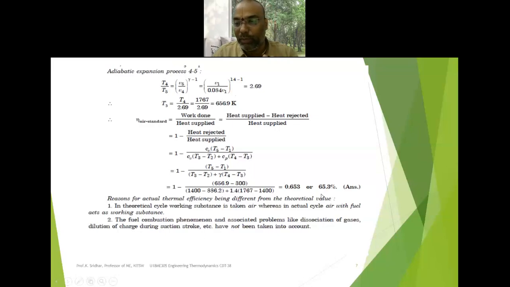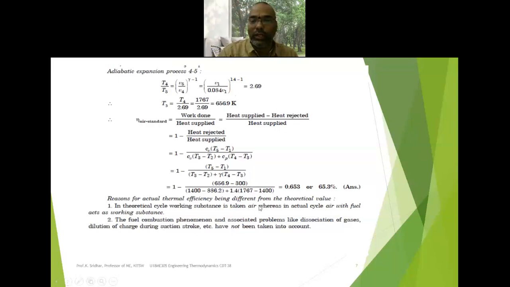That is one part of the answer. The second part asks you to mention some of the reasons why the actual thermal efficiency is different from the theoretical value. One of the reasons I have listed here: in the theoretical cycle, the working substance is taken as air, whereas in the actual cycle, air with fuel acts as the working substance, because normally these are known as air standard cycles, which are the Otto cycle, diesel cycle and dual combustion cycle.